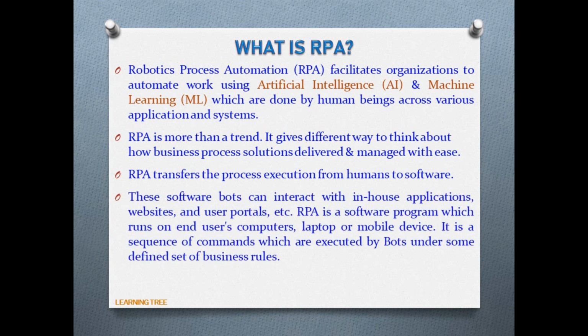These software bots can interact with in-house applications, websites and user portals, etc. RPA is a software program which runs on end users' computers, laptops or mobile devices. It is a sequence of commands which are executed by bots under a defined set of business rules. RPA gives a virtual workforce for seamless and efficient delivery.